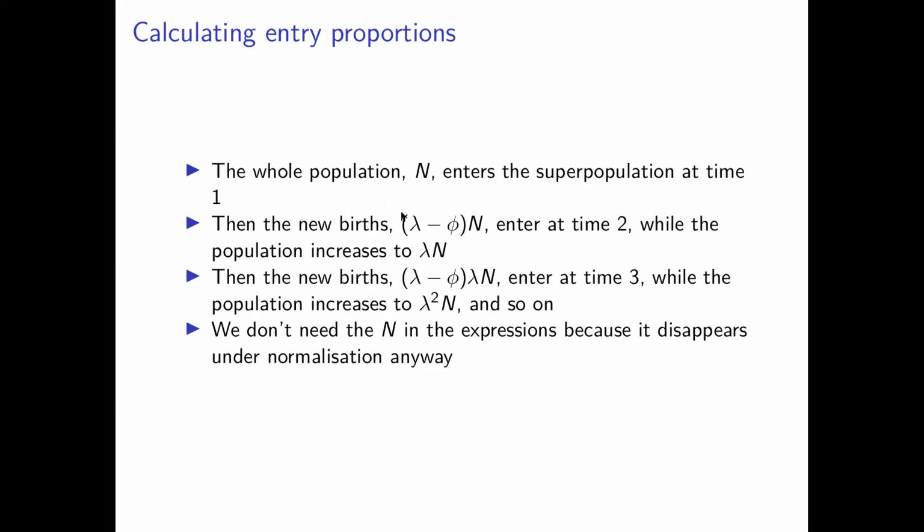So at time 2, you have lambda minus phi times n animals entering the population, and the population itself increases to lambda n. And then at time 3, you have lambda minus phi times now lambda n animals entering the superpopulation, and the population increases to lambda squared n. And that just repeats at every survey. And we don't need the n in the expressions above because at the end you have to divide them all by their sum, so the n's go away anyway.